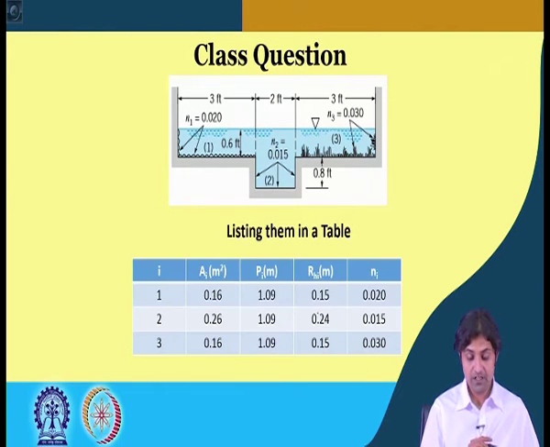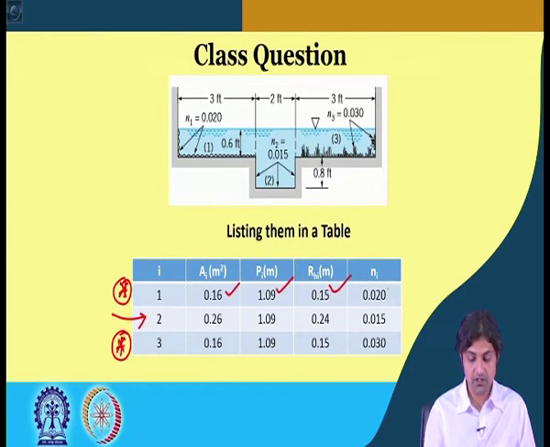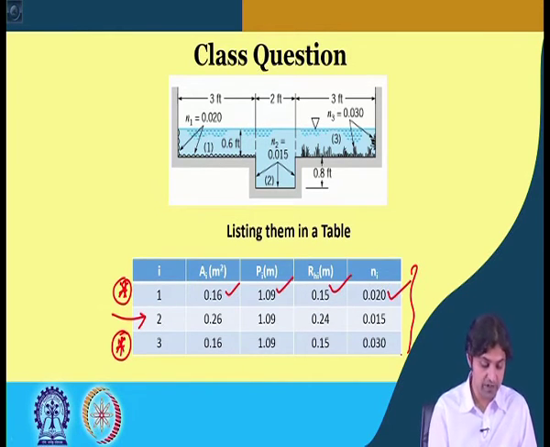Now, we did the calculation for number 2, and you should be able to do the calculation for sections number 1 and 3. We find A1, P1, the hydraulic radius, and N1 is given. Similarly, you can list all 3 of them in this table, and the values have been written. You verify it after the lecture.